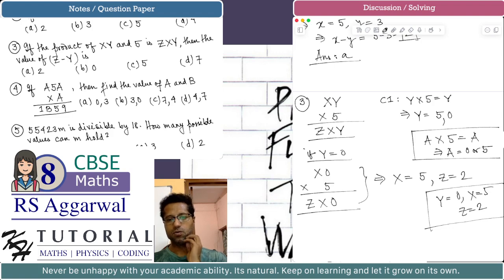Because x multiplied by 5 gives x as the unit digit, x has to be either 0 or 5, and x cannot be 0. Definitely x has to be 5.